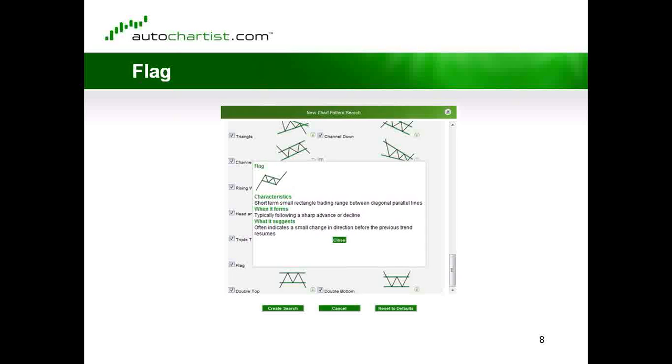So when AutoChartist identifies a flag pattern, again, think of channel pattern, and think of it as a pattern that you can trade as a swing pattern or as a breakout pattern. Okay.